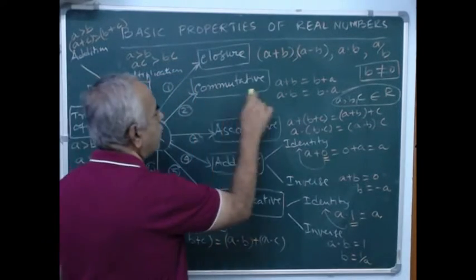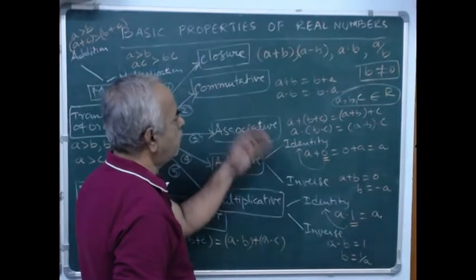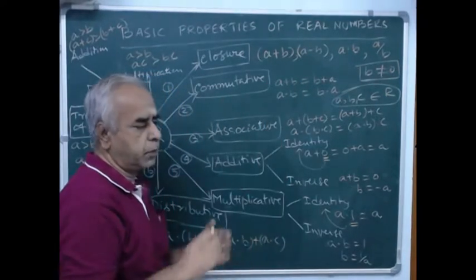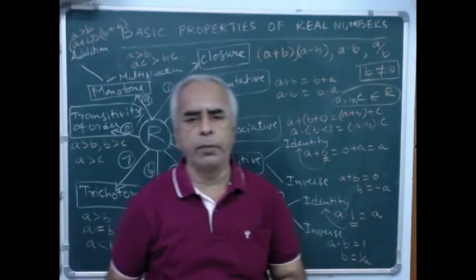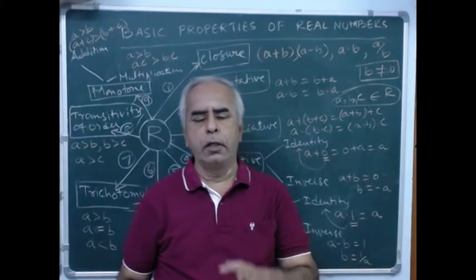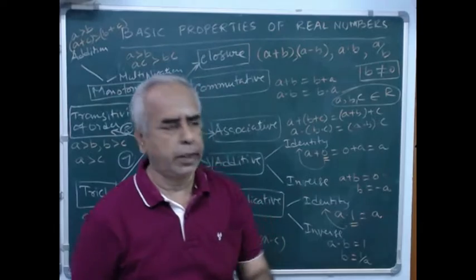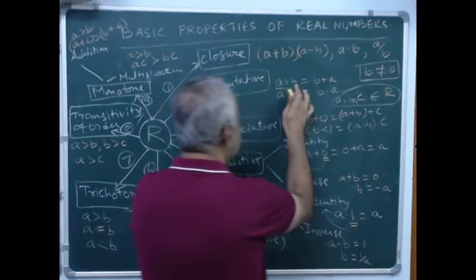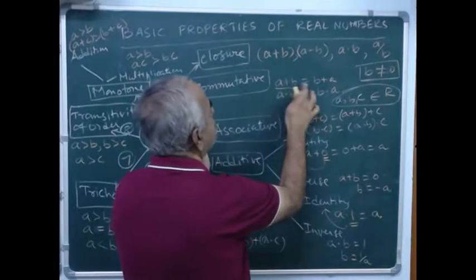Now, commutative law. In the case of commutative law, A plus B is equal to B plus A. For example, when you take 5 plus 3, that is equal to 8. When you put 3 plus 5, that is also 8. So it gives the same result whether you interchange.